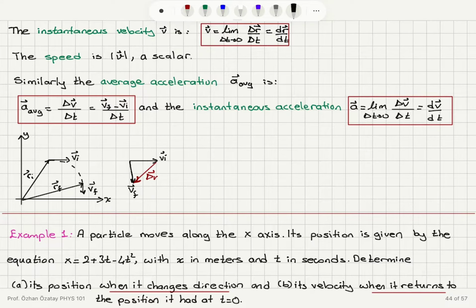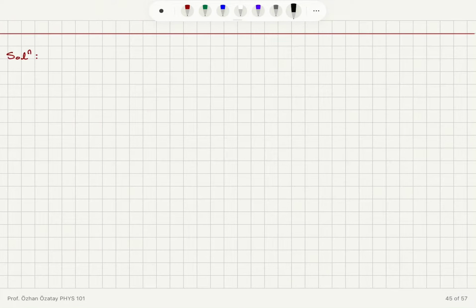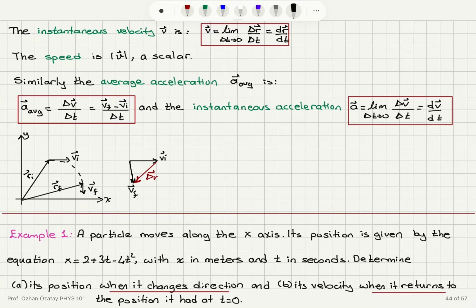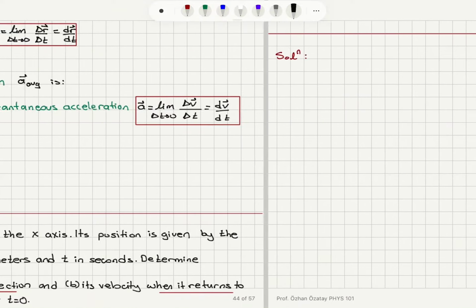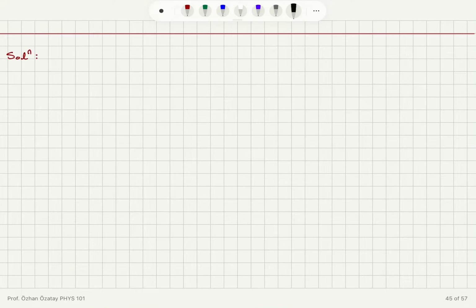Okay, so what I have to note here is that when I reach the point where it changes direction, that means it's going to start moving back. Therefore, the position x will be a maximum.